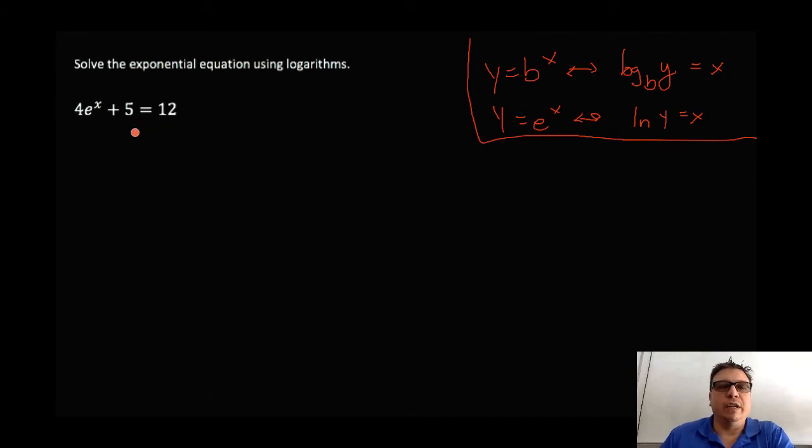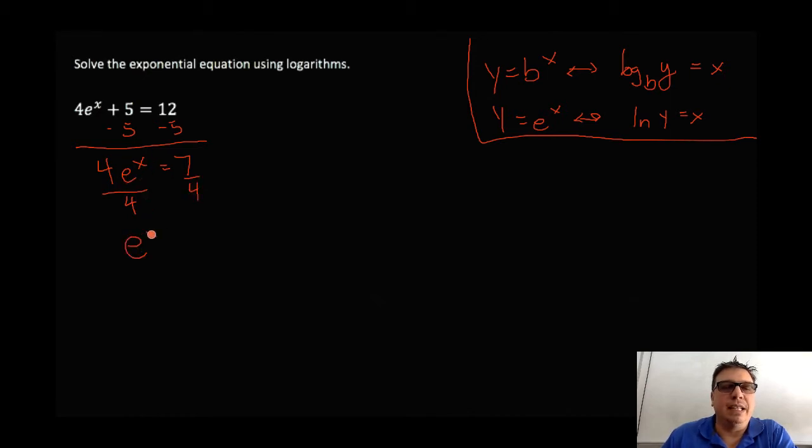So let's look over here then. I need to isolate this equation so it looks like this equation. So I've got to isolate the variable that is the exponent. The first thing I need to do is subtract 5 from both sides. So now I get 4 e to the x is equal to 7. Divide both sides by 4, because again I need to get this base and the exponent by itself.